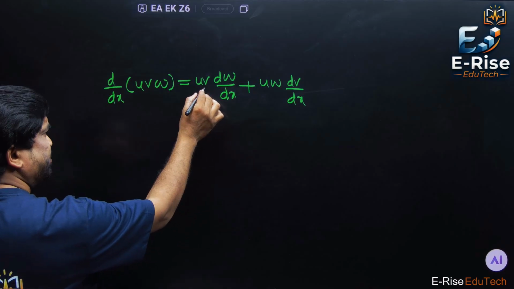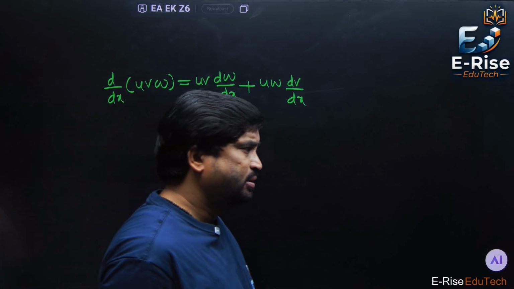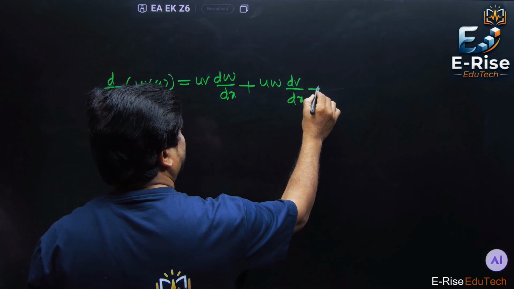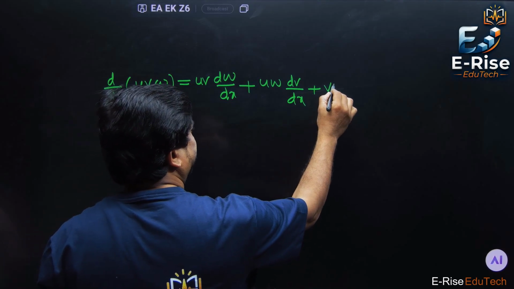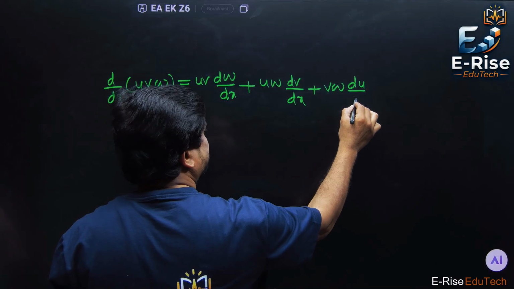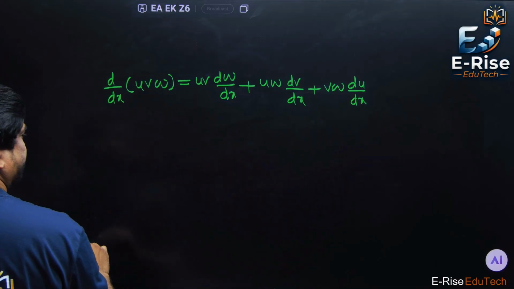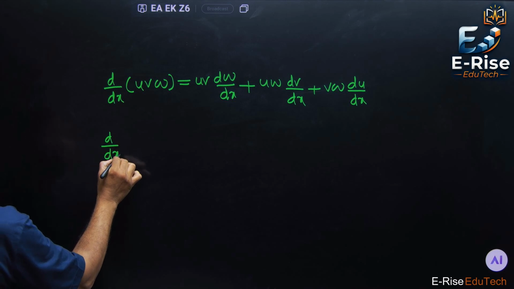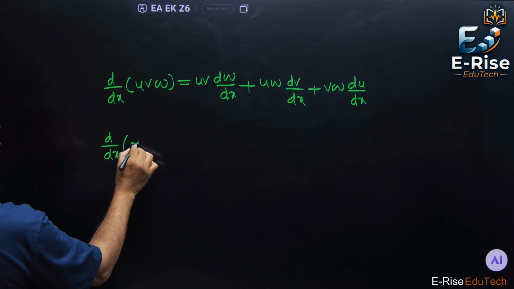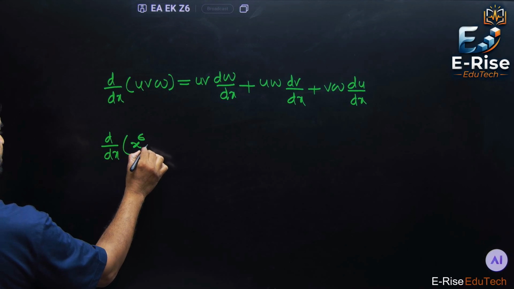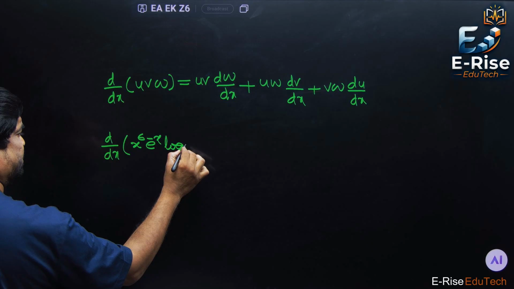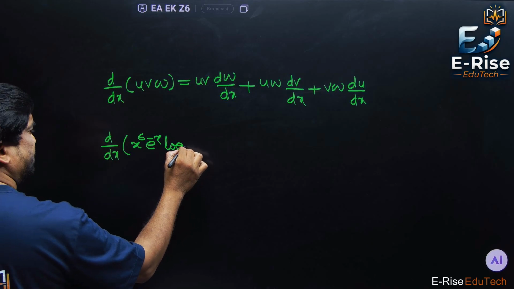One is differentiated, remaining two need no differentiation. Plus vw du by dx. So, for example, d by dx of x power 6 e power minus x log of root x.